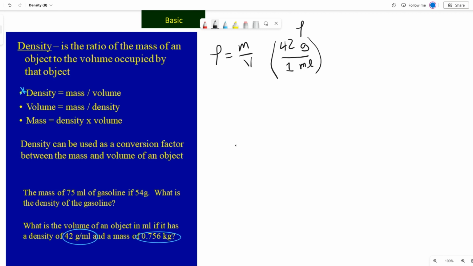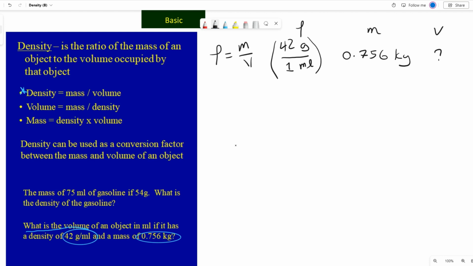And we're being given 0.756 kilograms, and that is a mass. Now, hopefully the problem is asking us to solve for volume. We can see right here, what is the volume? So yes, it is. So the volume is what we're being asked to solve for.